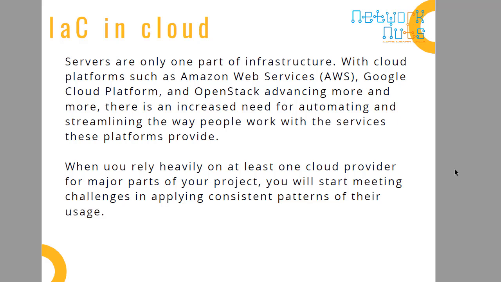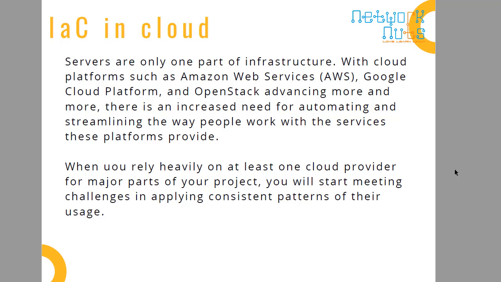So basically, when we use Amazon Web Services or Google Cloud Platform or Microsoft Azure or OpenStack, we normally rely on the dashboard. We use the dashboard for creating the instances, whether it is OpenStack or Amazon Web Services or anything, which is a good thing. There is no doubt about that.